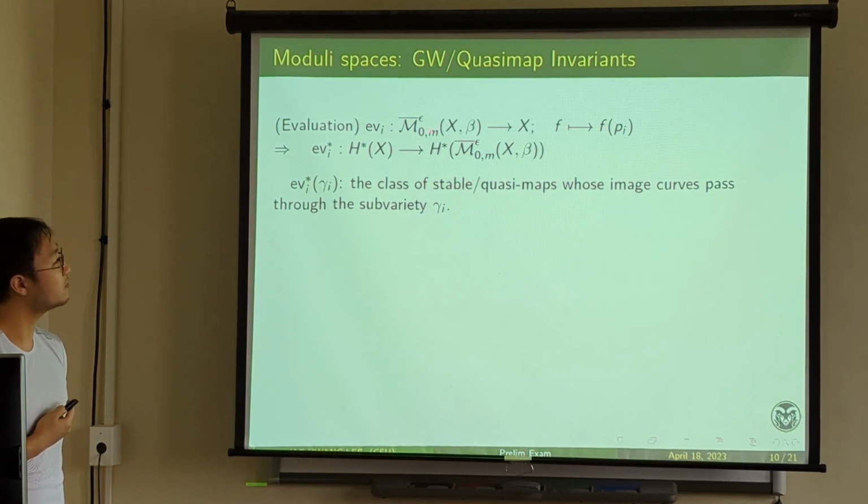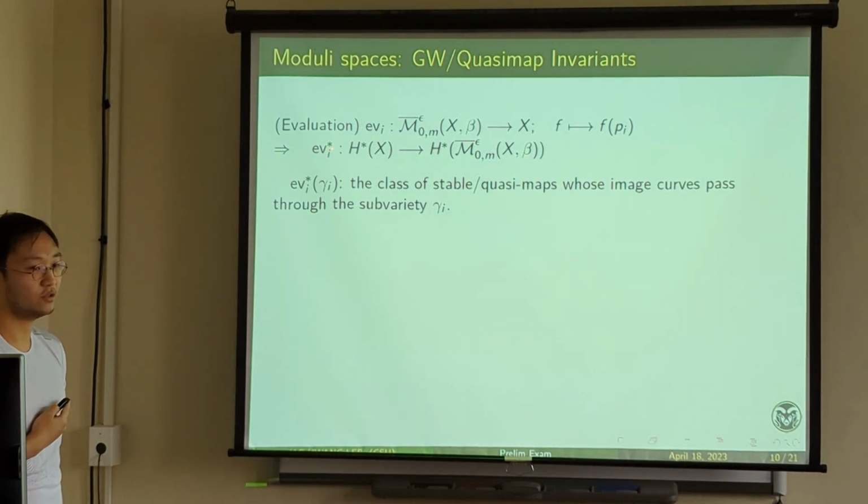So for the quasimap case, this evaluation map is also well-defined. Then this evaluation map induces a pullback map, which can be regarded as just taking preimage. This map is from the cohomology of space X to the cohomology of our moduli space.